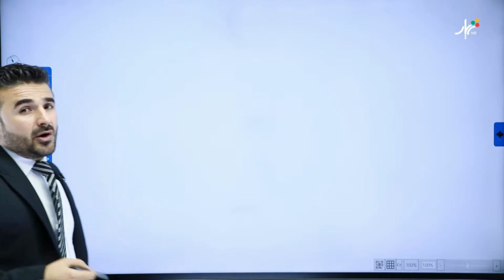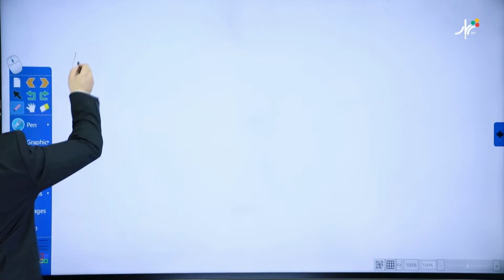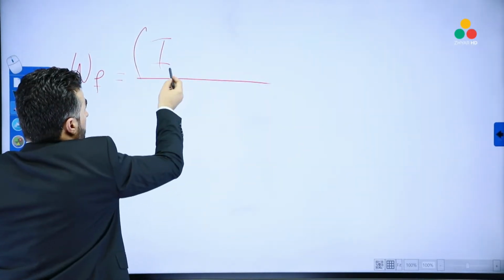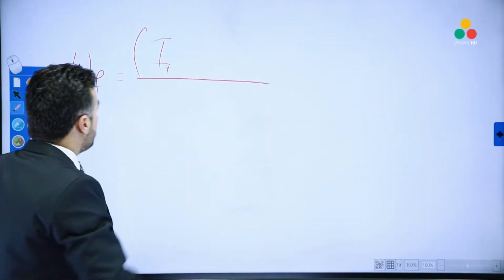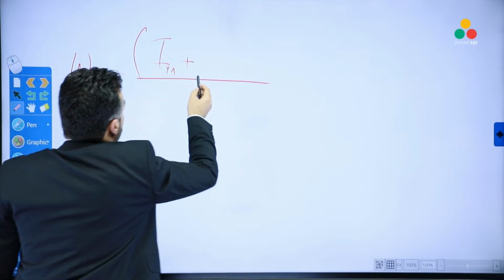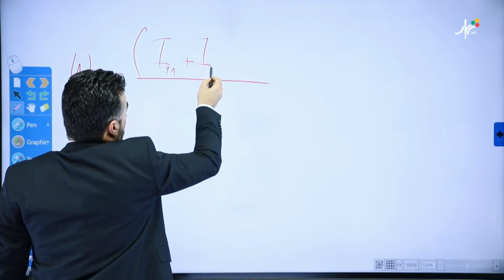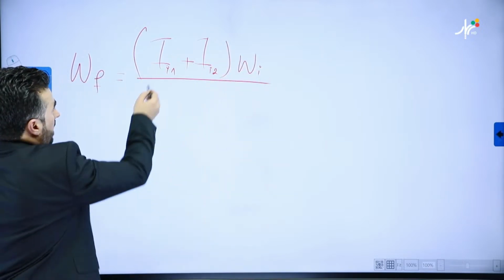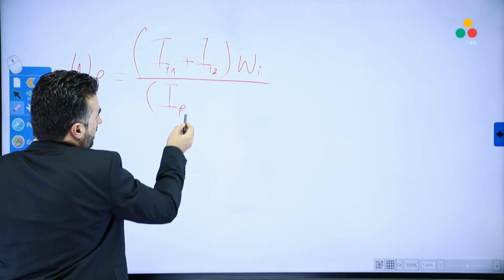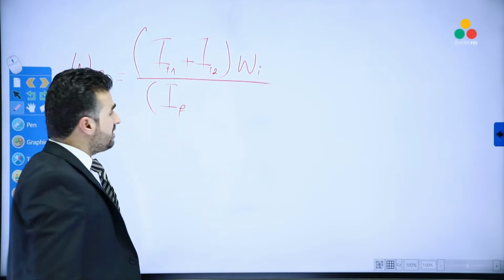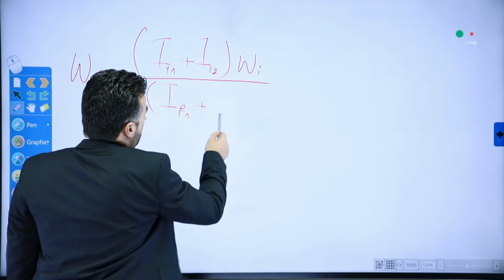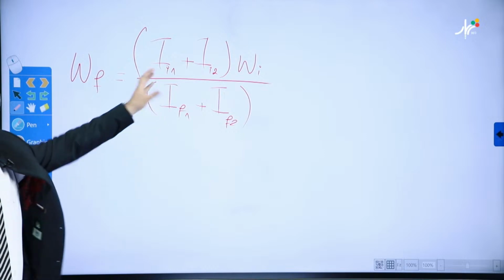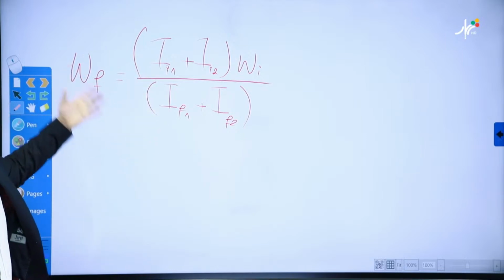Whenever they are asking for omega final, omega final will equal, directly, the moment of inertia initial of the first object plus the initial moment of inertia of the second object, multiplied by the initial angular speed, divided by the final moment of inertia of the first object plus the final moment of inertia of the second object. This is all you need to know in order to find the final angular speed.